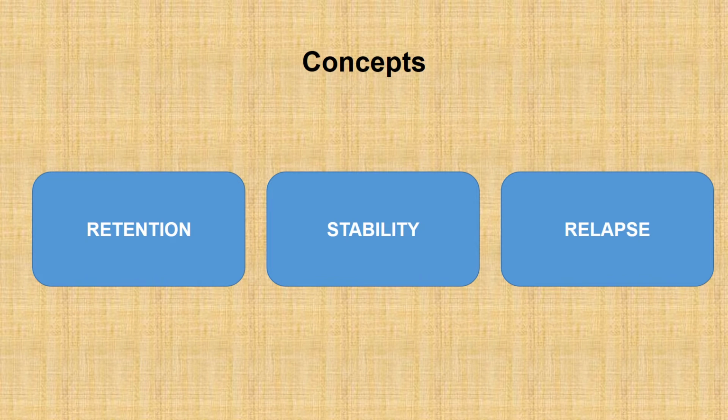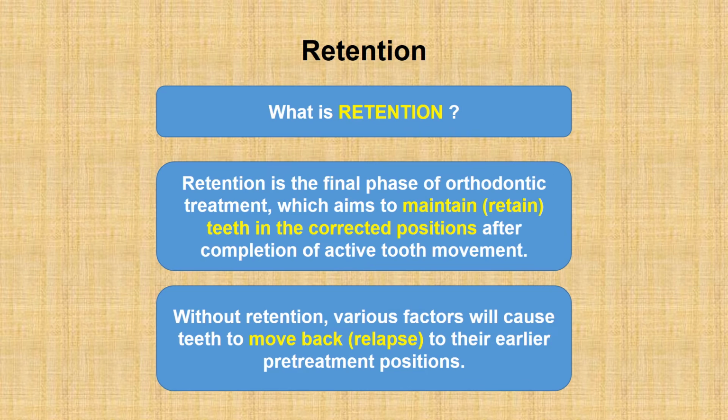Now there are three concepts that we have to understand concerning retention and relapse. One is retention, the other is the concept of stability, and the third is relapse. Now let's look at retention. What is retention?